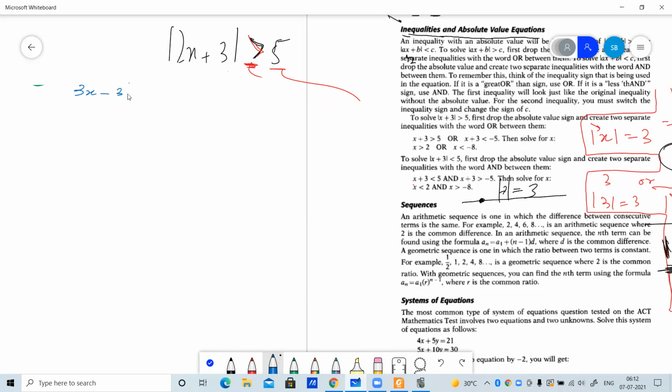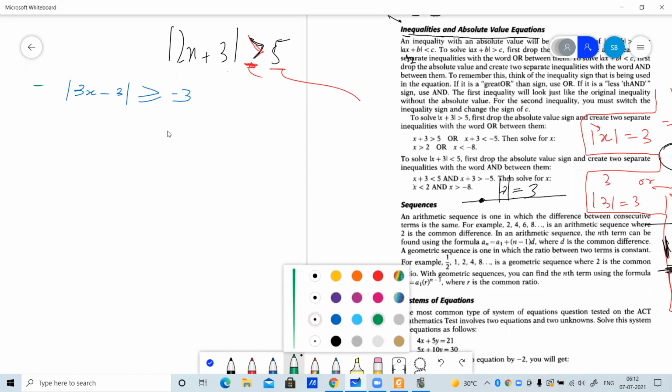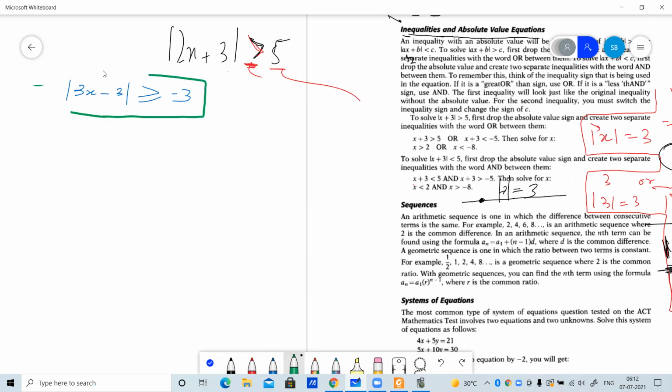Absolute value of 3x minus 3 is greater than or equal to -3. So please tell me what to do now here. Greater than or equal to.